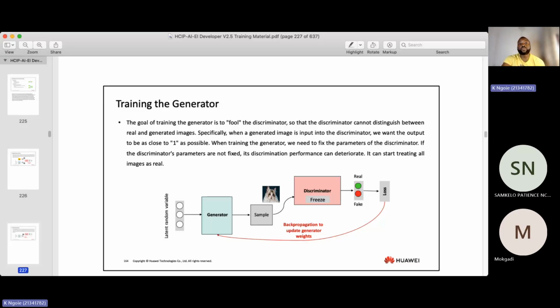So that's how the interaction between your generator and discriminator works: the discriminator will try to classify real as one and fake as zero, and as it does that, the generator keeps providing pictures. On its side, when it's being trained, the generator needs to fool the discriminator. So it needs to have fake images classified as real to show that it is doing a good job.